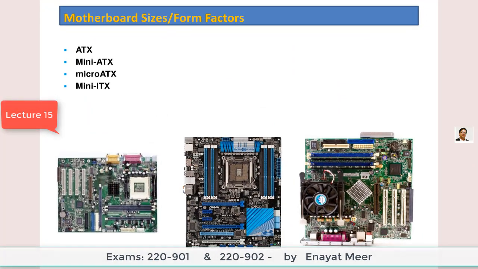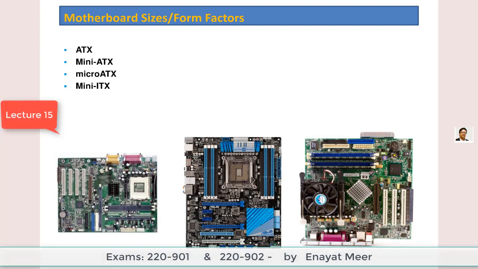So let's talk about the motherboard sizes, form factors. ATX was one version after AT, Advanced Technology. ATX is also advanced, but it is Extended Advanced Technology. Then you had a Mini ATX, a smaller version.